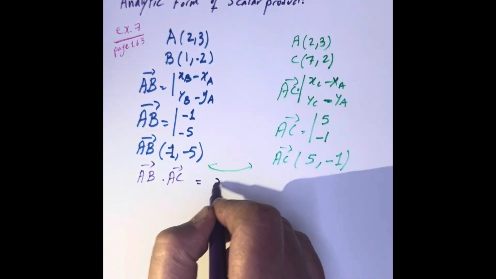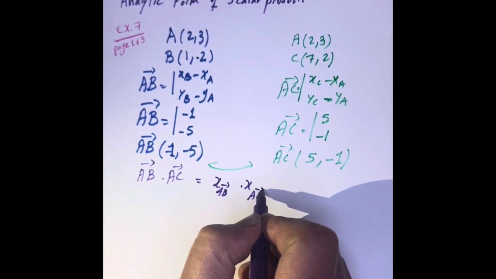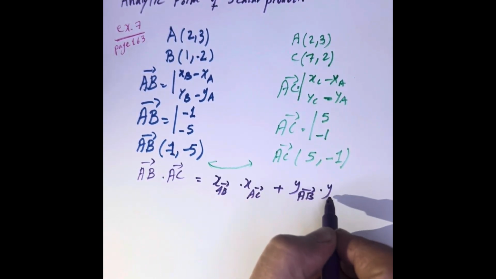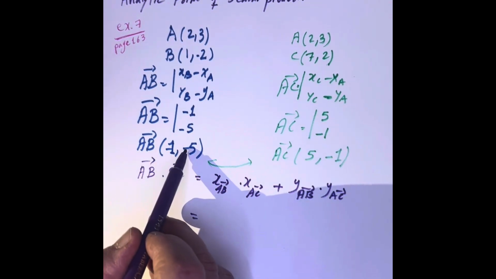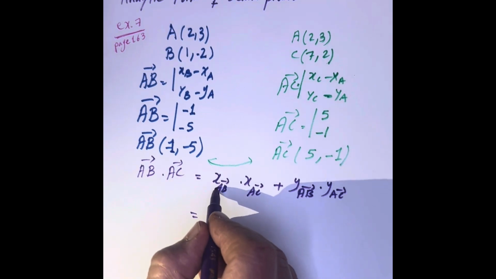So it is X of AB times X of AC plus Y of AB times Y of AC. Now we have the X and the Y for AB, and the X and Y for AC. So let's substitute only, okay?